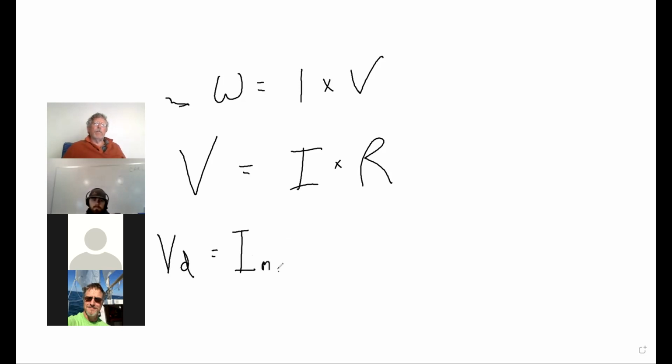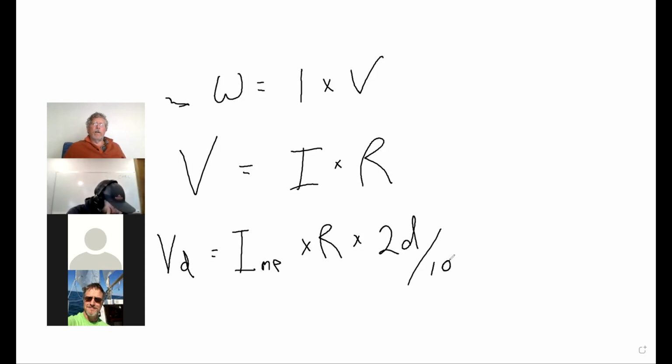Well, normally we're talking about the amp rating at the maximum power point, which is the rating on the panel when it's operating under standard test conditions, times resistance, times twice the distance over 1,000 feet. So this is the voltage drop equation. Well, if you look at it, it's Ohm's law adjusted for distance. That's all it is.